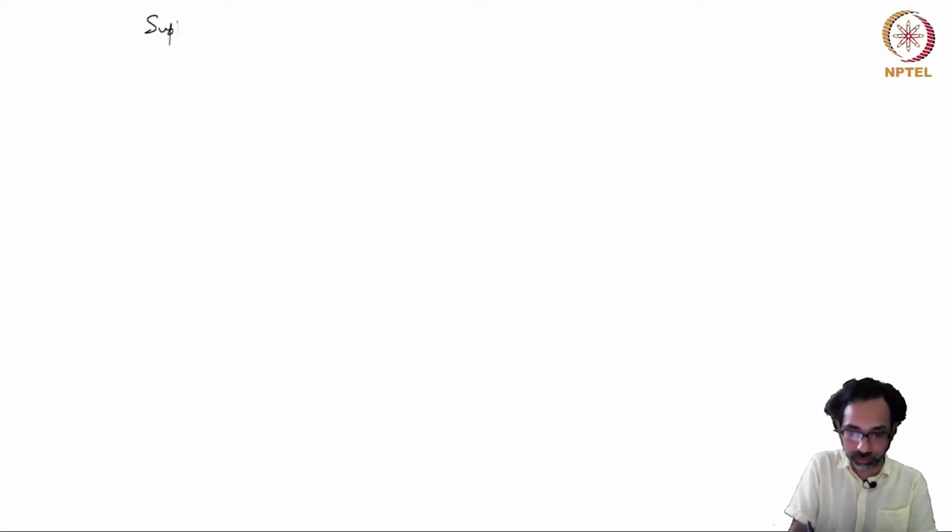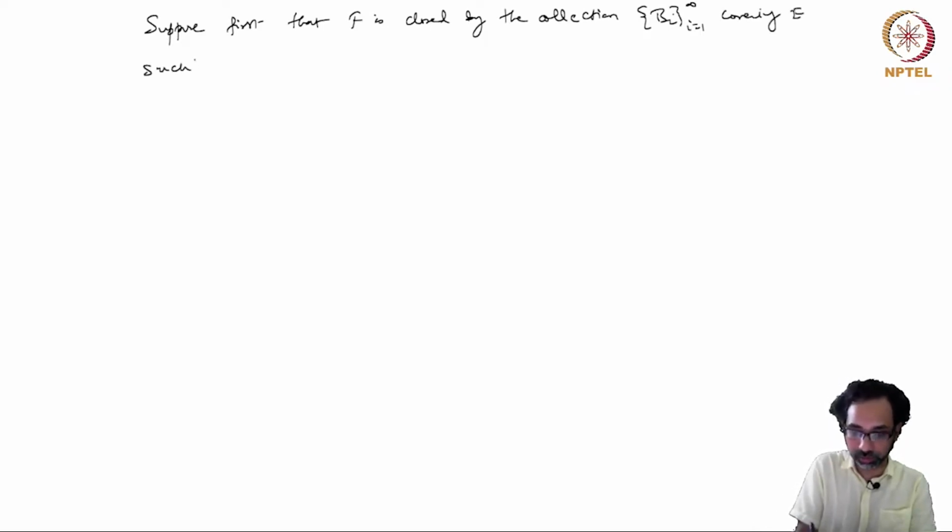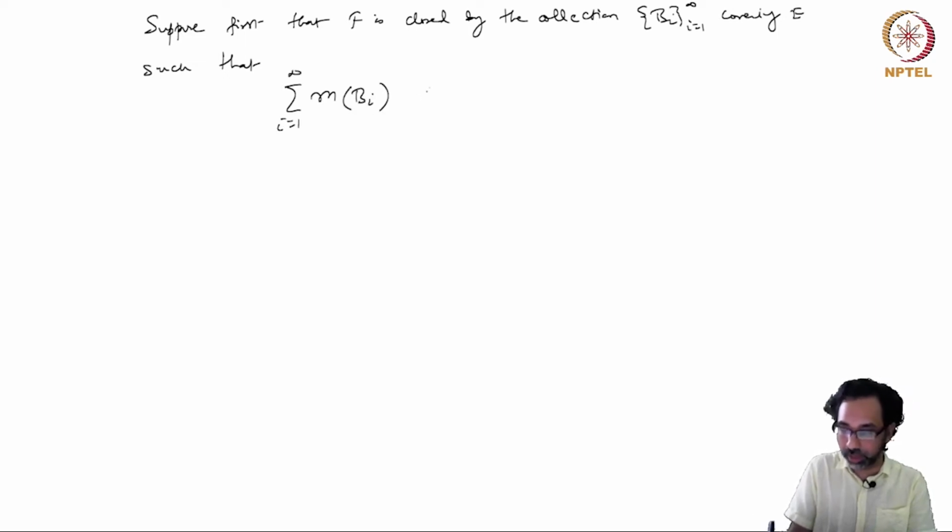So suppose first that F is closed, but the collection Bi, i equal to 1 to infinity, covering E such that the sum, i equal to 1 to infinity, m(Bi) is less than or equal to m star E plus say epsilon by 2.